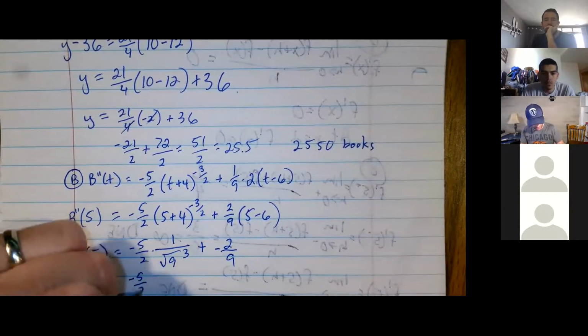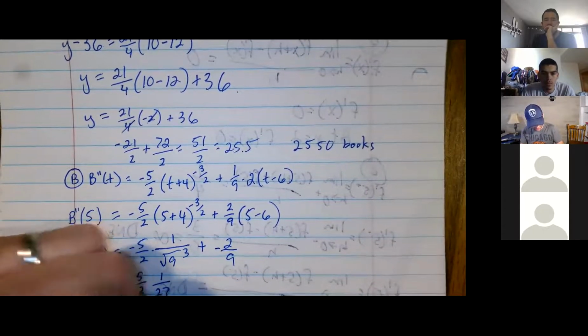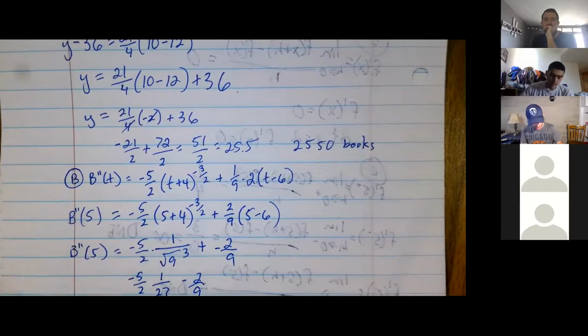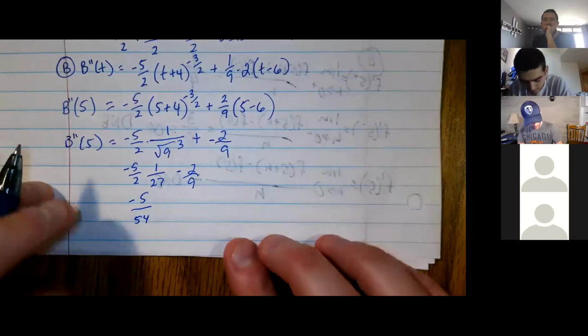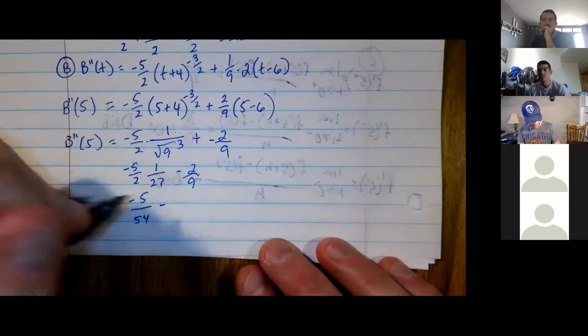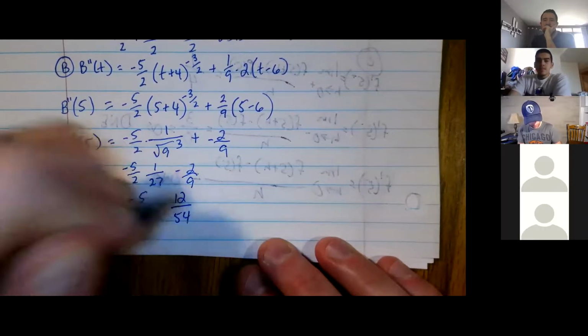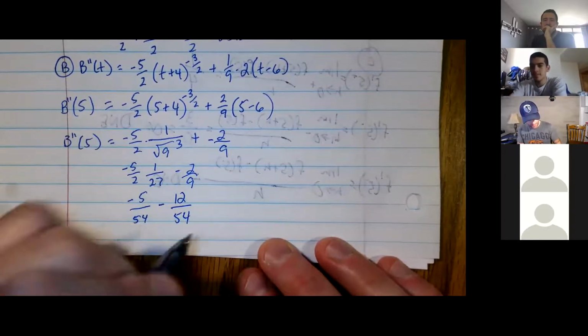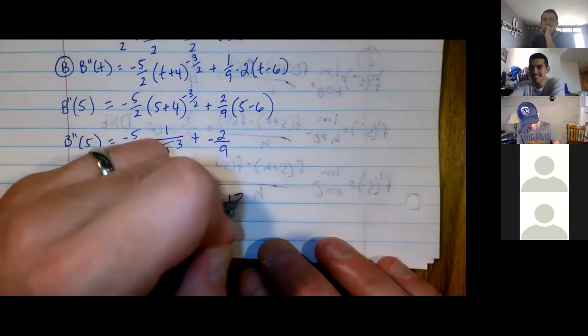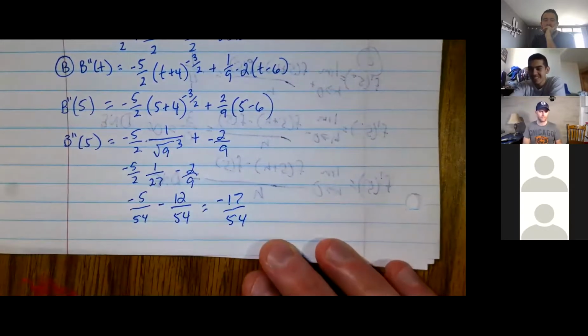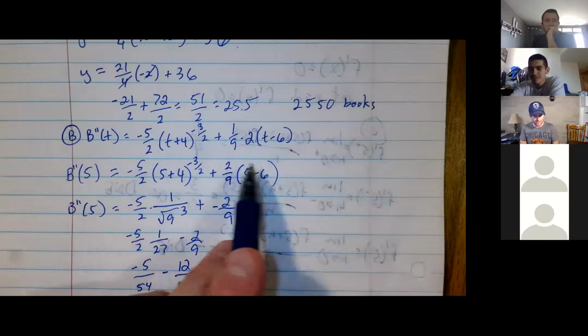So -5/2 times 1/27 minus 2/9. So this becomes -5/54 minus, if I wanted to bring this to 54, I would make this -12/54 by multiplying top and bottom by 6. And so we get -17/54.